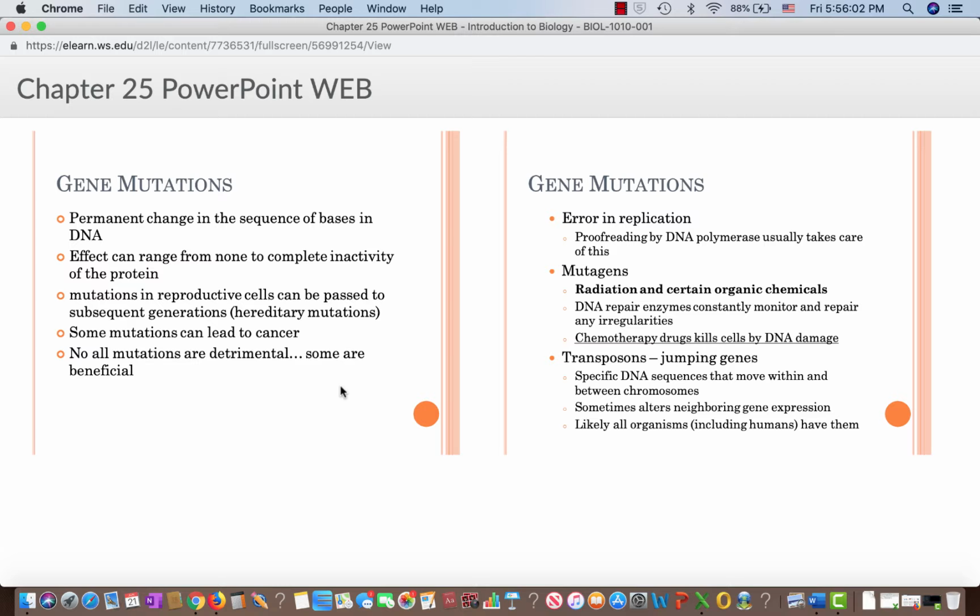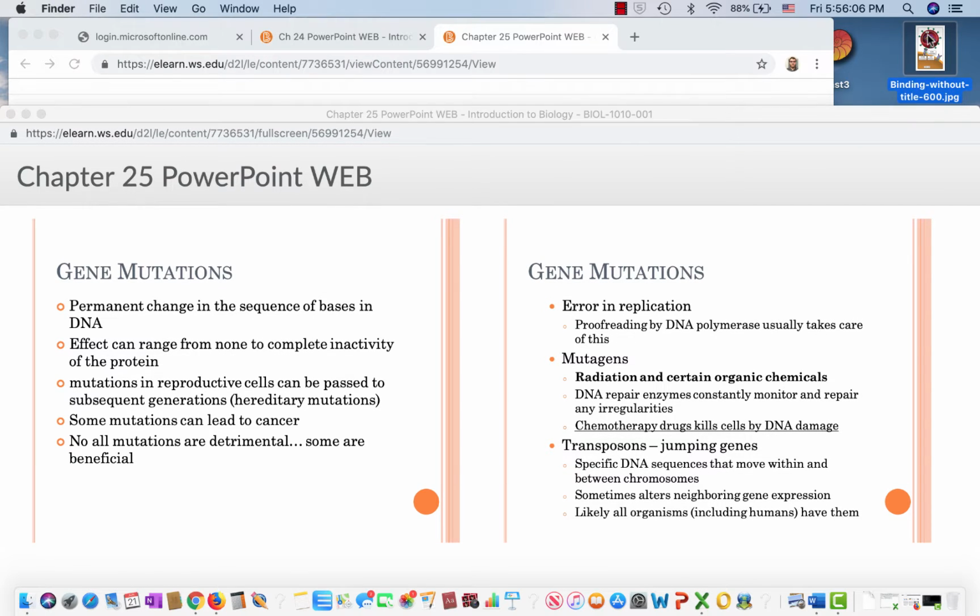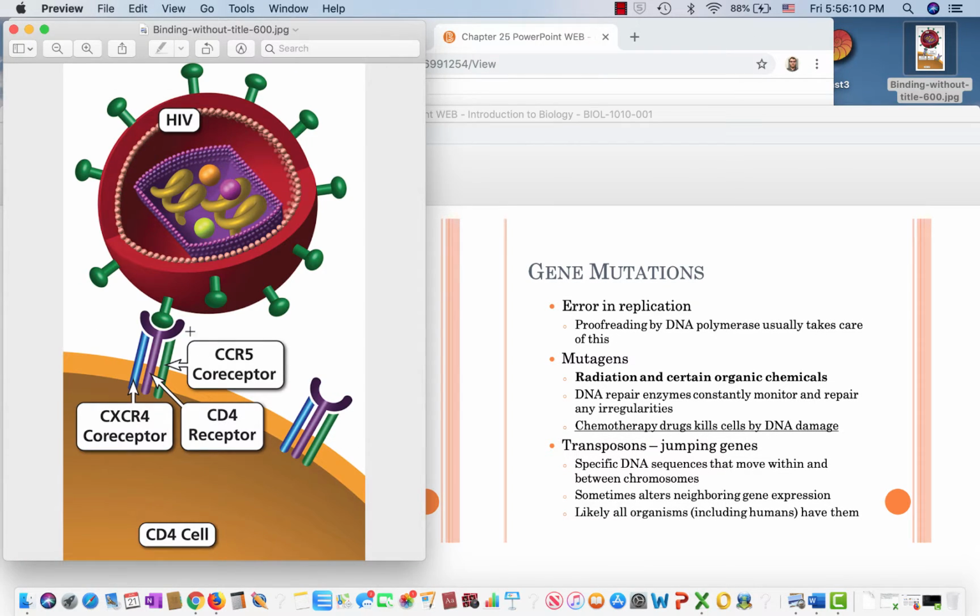There's a particular sequence... let me just open this real quick. It's easier to illustrate this way. This is a CD4 cell in your immune system, and it has this CD4 receptor right here, and there are some people who have a mutation to this.